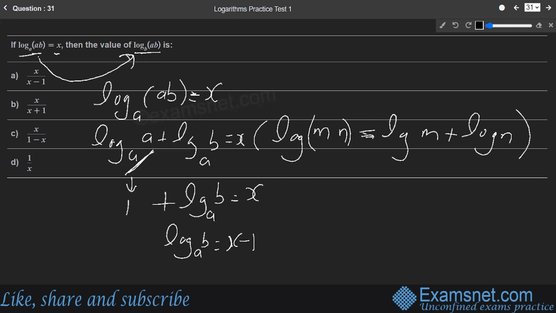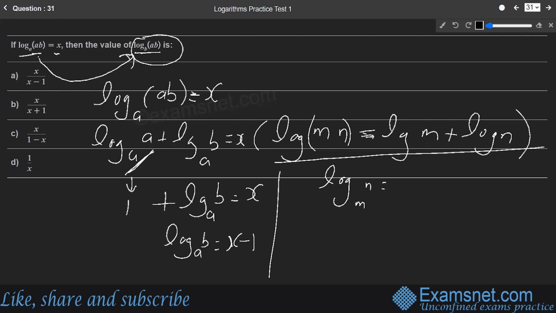Now what are we supposed to find? We are supposed to find log base B AB. The base should be B, but what we have here is base A. So we need to transform this base into B. We can use a property which interchanges the base and number: log base m n can be written as 1 upon log base n m, the multiplicative inverse.